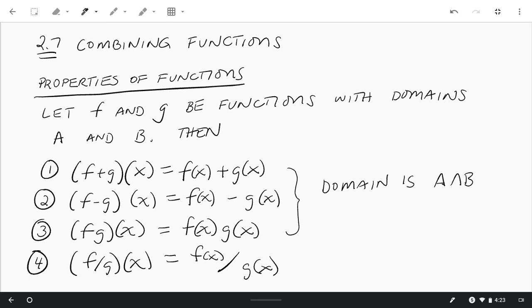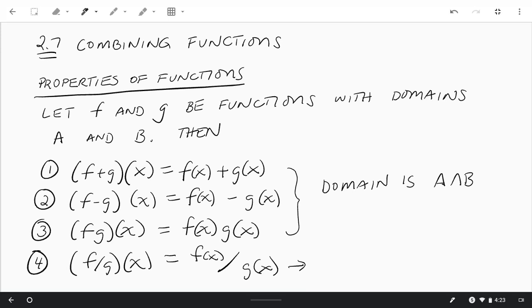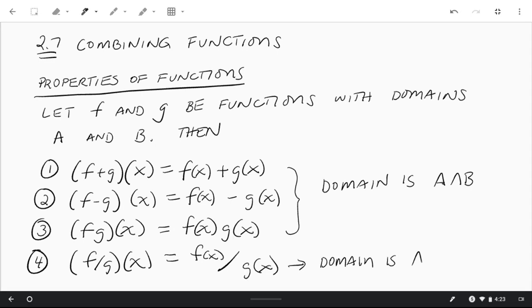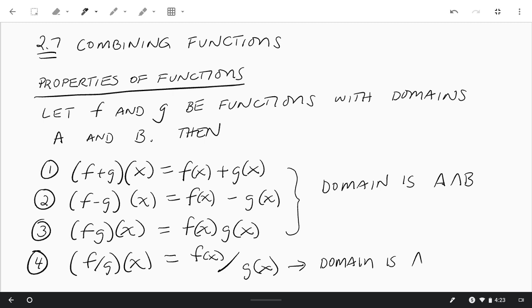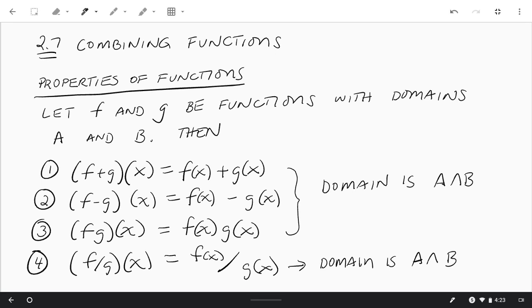For this last one over here, the domain is also the intersection of A and B. However, when we look at A and B as individual functions, that's fine.